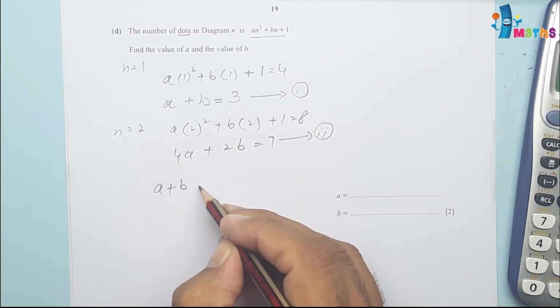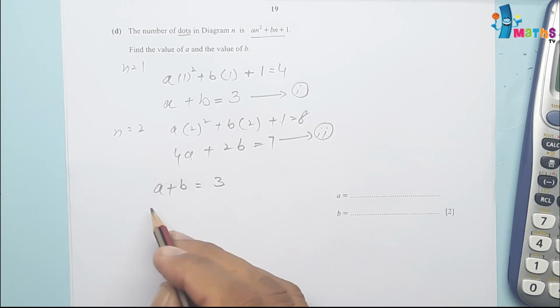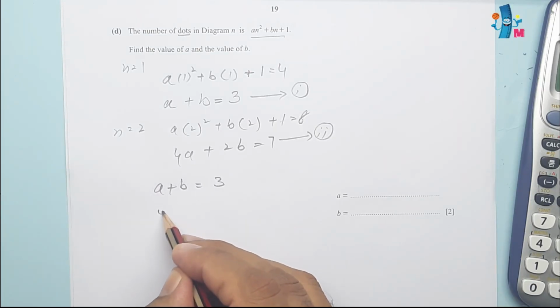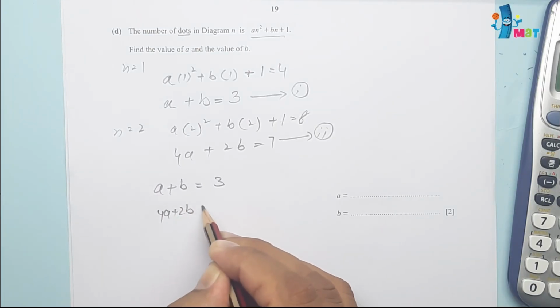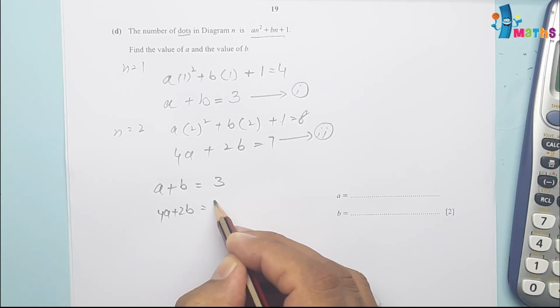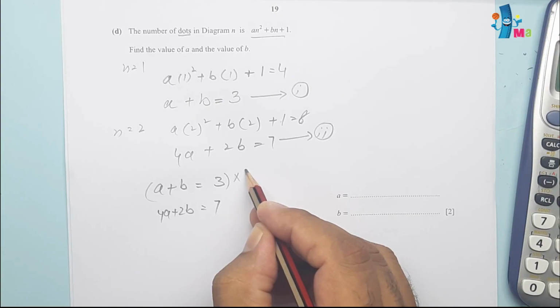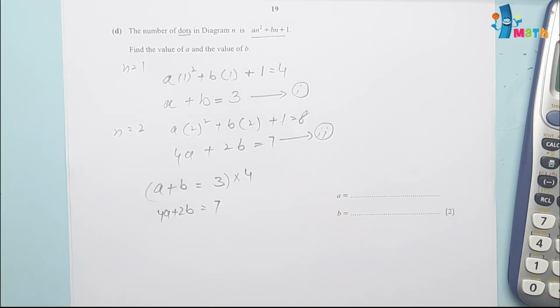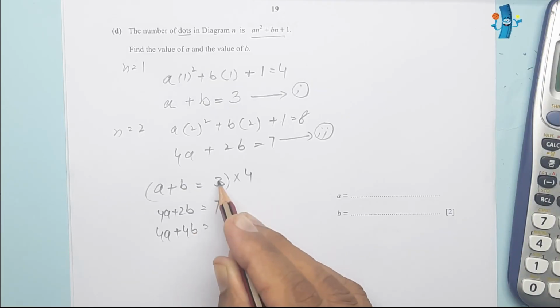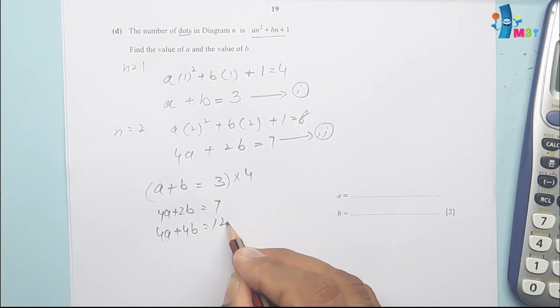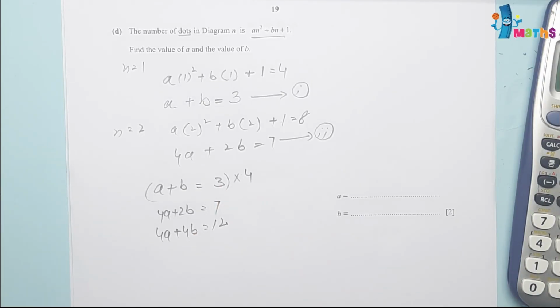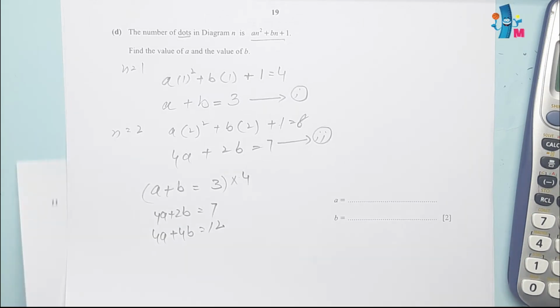a plus b is equal to 3, and 4a plus 2b is equal to 7. So we can multiply the first equation by 4, and we will get 4a plus 4b is equal to 3 into 4, 12. Next is the subtraction of these two equations.